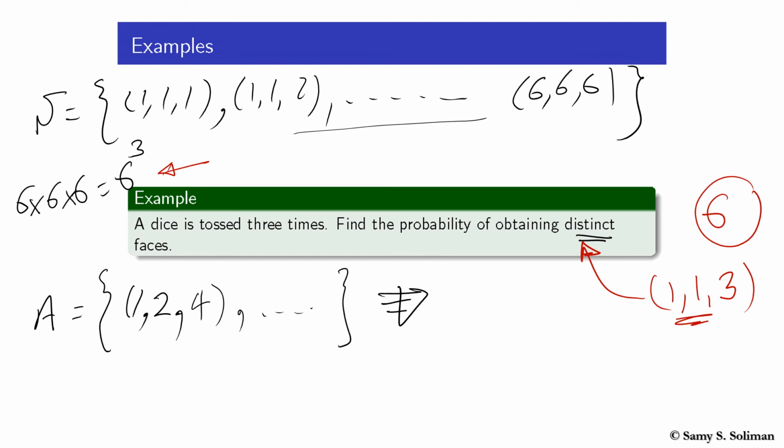Now again, we want to calculate the probability of obtaining distinct phases, so the 3 phases should be different from each other. So we have to consider the cases where the 3 phases are identical and the cases where only 2 phases are identical.